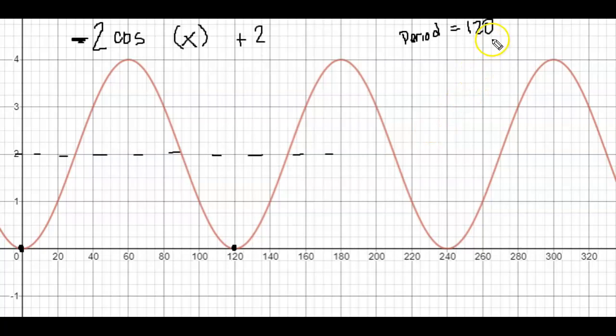So I am dealing with degrees, and my period is 120. If it took 120 seconds to go the full 360 degrees around the circle, 360 divided by 120 is 3. So that means we were going 3 degrees per second. My angular speed is 3, and that is all the information that I need to write the equation for that graph.